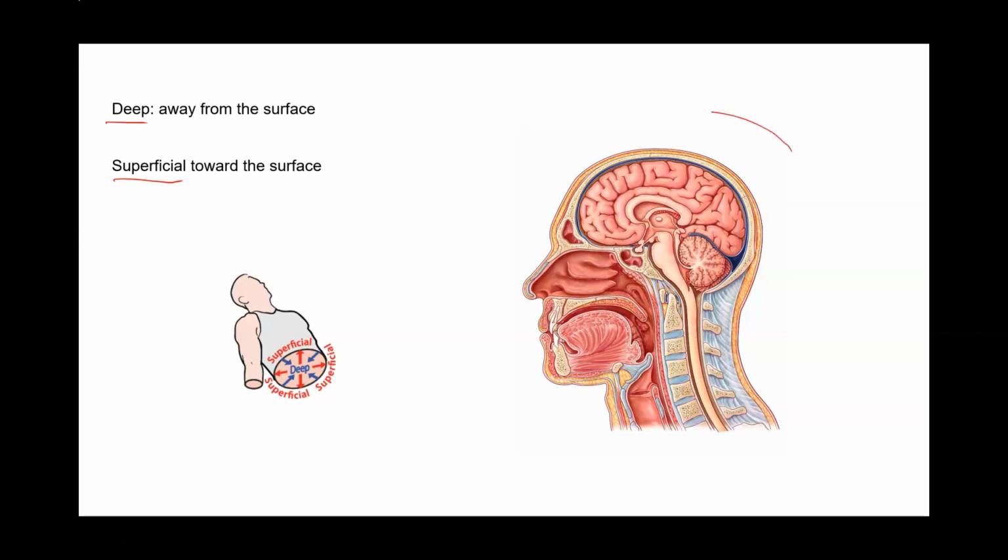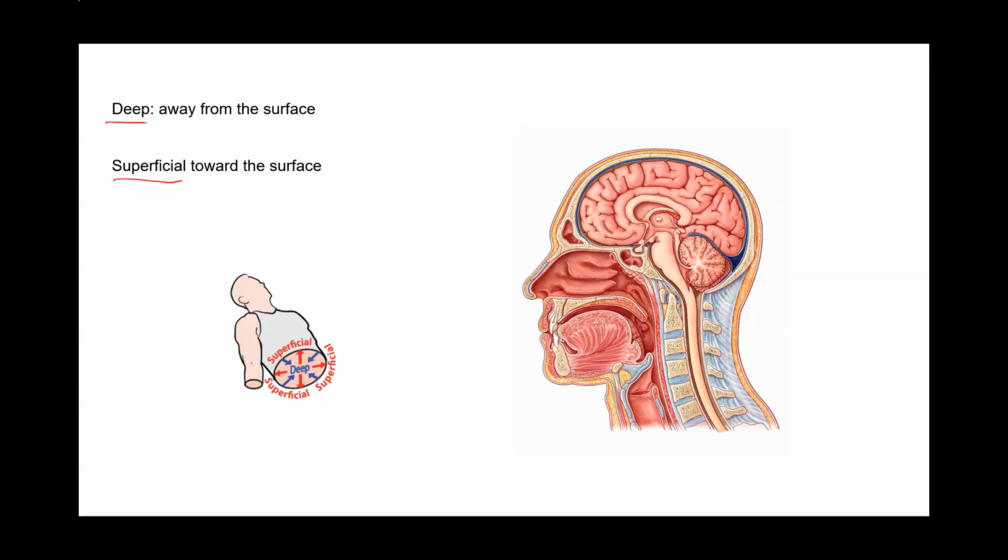So if we look here at this image, this is the head cut open, and you can see the brain, you can see a layer of bone, and you can see a layer of skin, right? So the skin of your skull is located superficially, whereas the brain is located deeply.